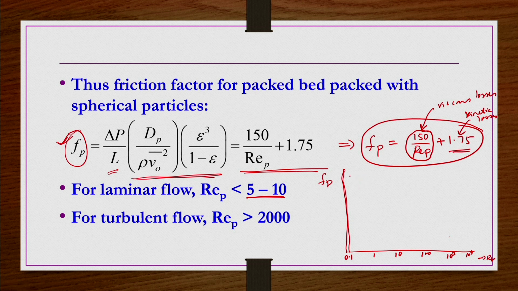For small Reynolds number it is going to be linear, something like this, up to Re about 10, and then for large Reynolds number values it is going to be constant like this, corresponding to a value of 1.75, and in between Reynolds numbers it is going to have a curved shape like this.